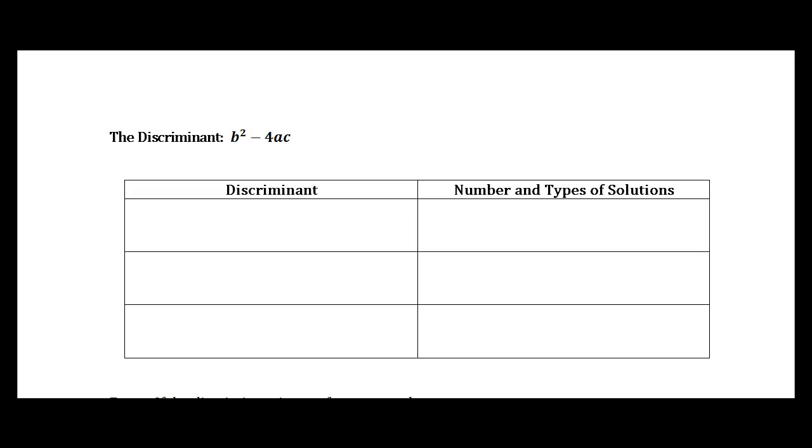All right, and that's that b squared minus 4ac portion of our quadratic formula, right? So I'm going to review, right? x equals negative b plus or minus the square root of b squared minus 4ac all over 2a, right? And so this discriminant is this b squared minus 4ac. The discriminant tells us some great things about our solutions, all right?